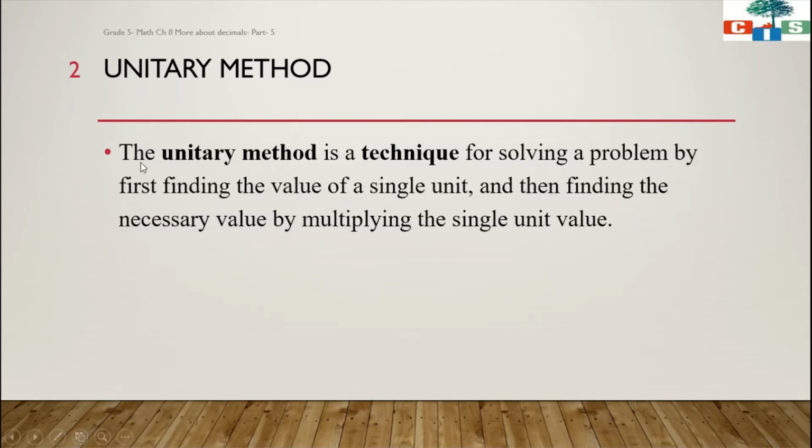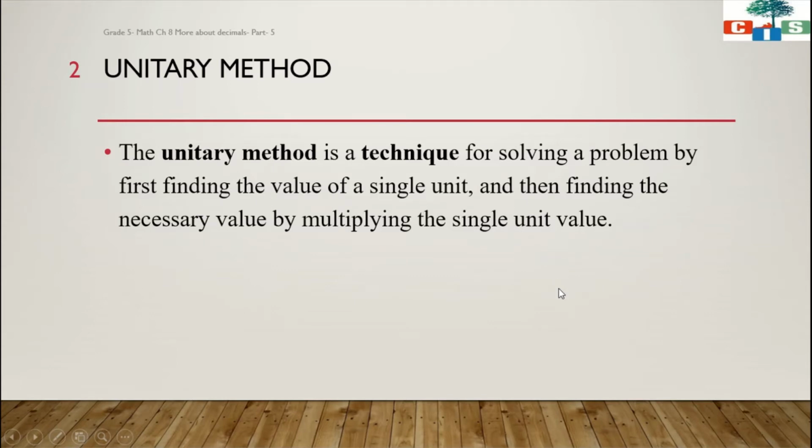The unitary method is a technique for solving a problem by first finding the value of a single unit. Single unit means 1 unit. We have to find the value of 1 unit and then find the necessary values by multiplying the single unit.